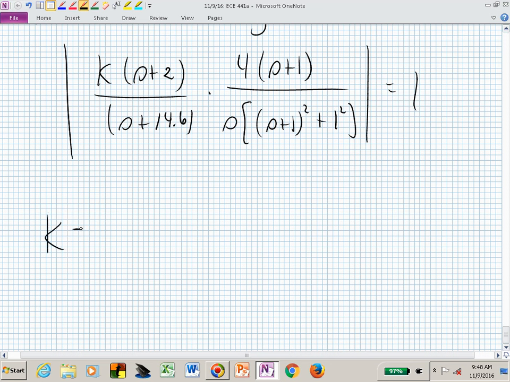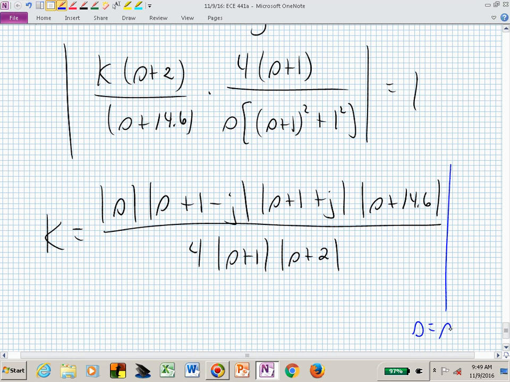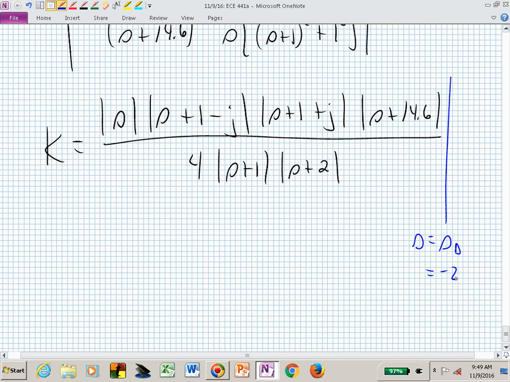Or if we solve that for K, we now have the magnitude of, or the distance from the origin to minus 2 plus j2. We have S plus 1 minus j, S plus 1 plus j, S plus 14.6 all over 4, we can't forget that, times the distance from the 0 at minus 1 to that location, the distance from the 0 at minus 2, or we can now evaluate this when S is equal to S delta, which is minus 2 plus j2.